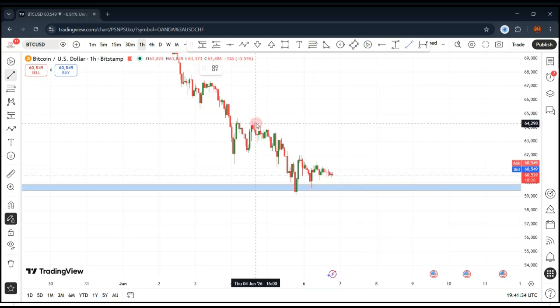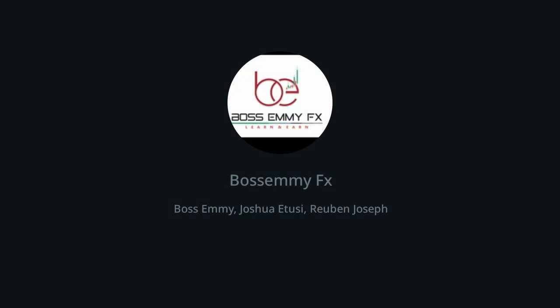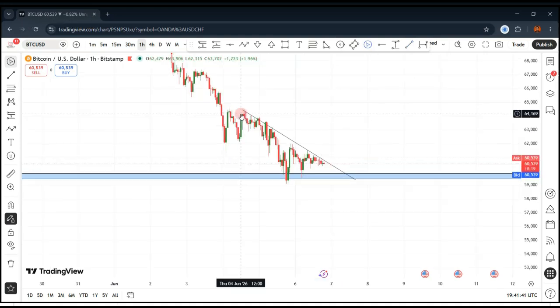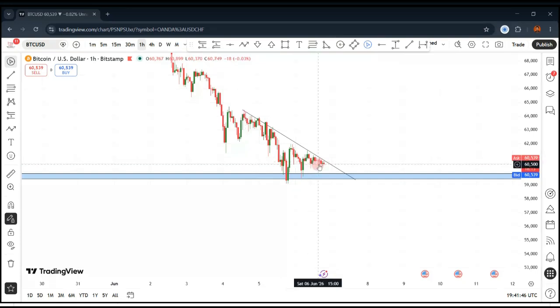This is a trend line on the downtrend market. As long as the market does not break this trend line, we are going to see the market ranging around this zone.